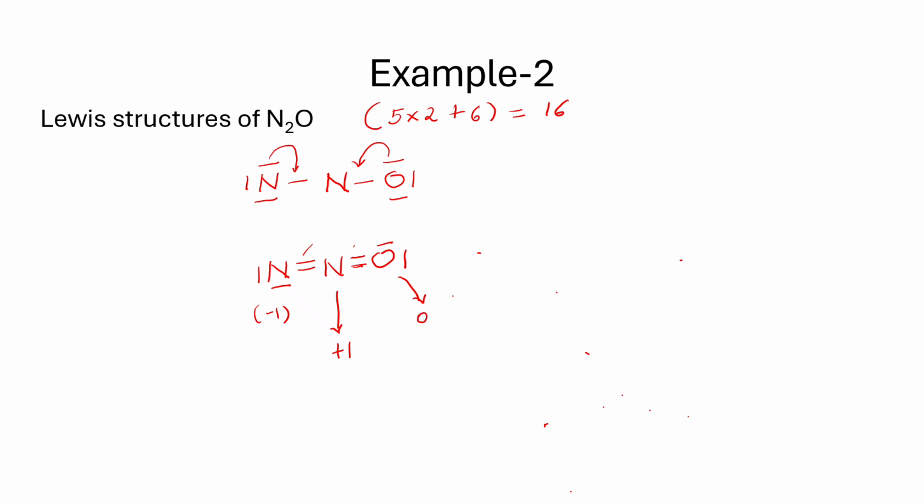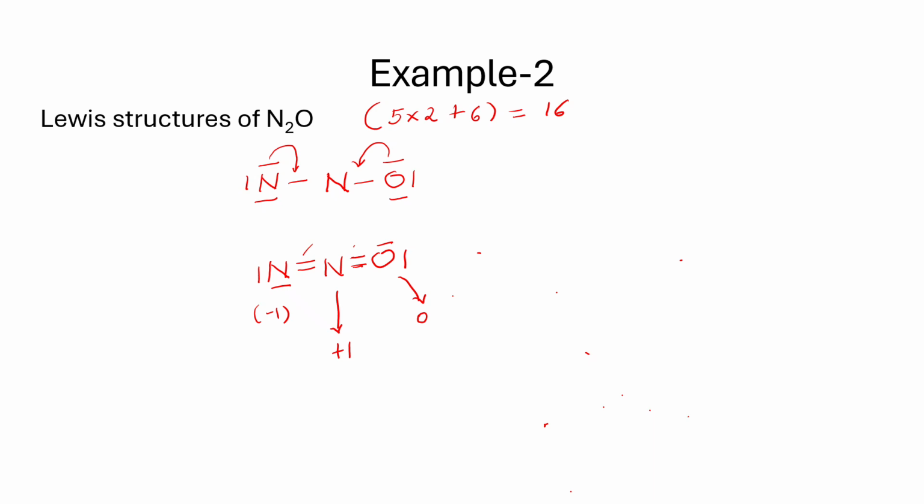Now this also seems to be quite stable, for one reason in particular, that the formal charges are close to 0, and in fact in one of the atoms the formal charge is 0. But then we notice something strange.